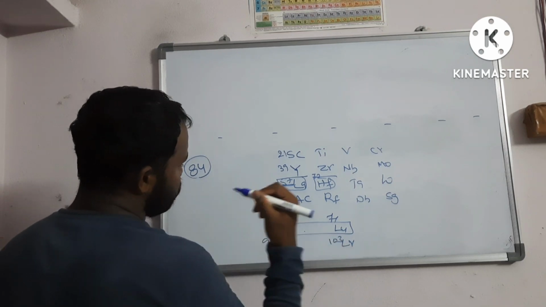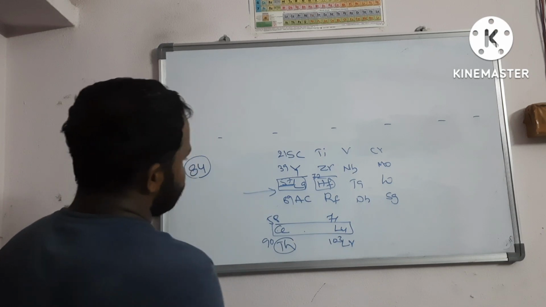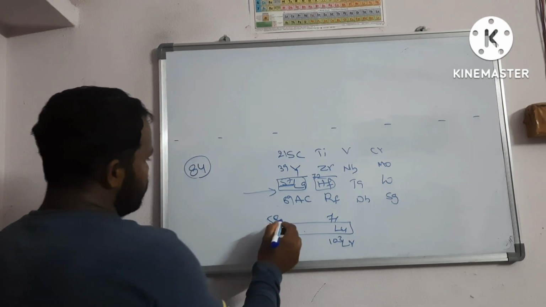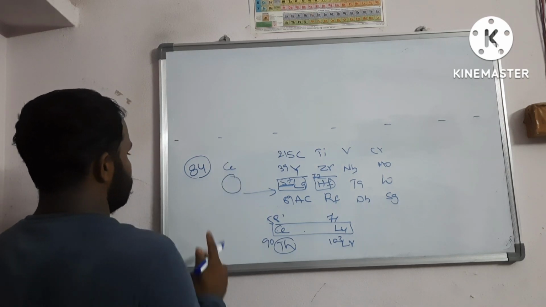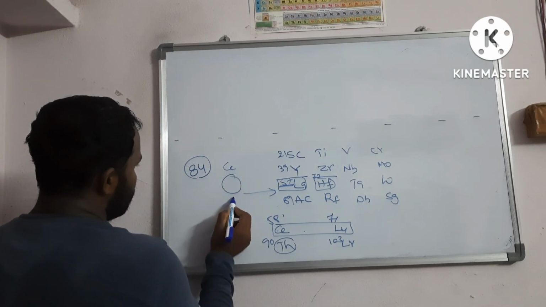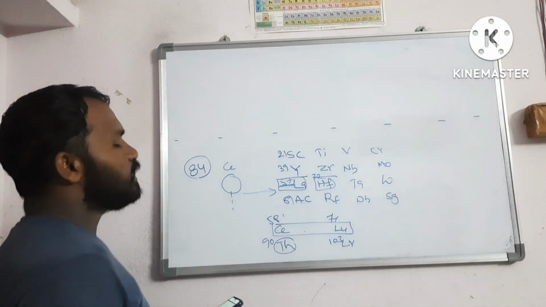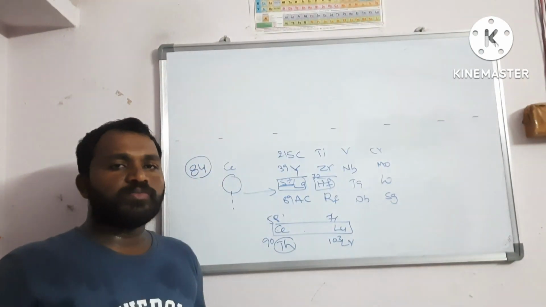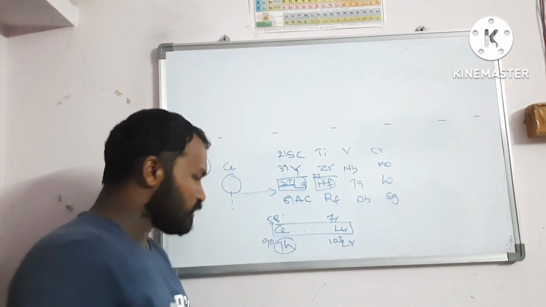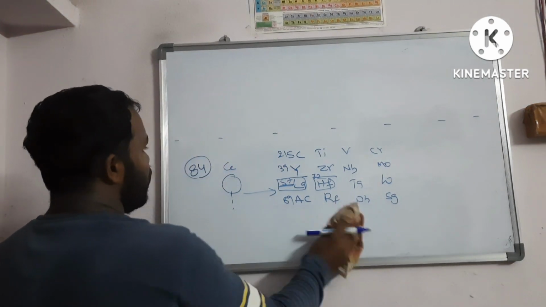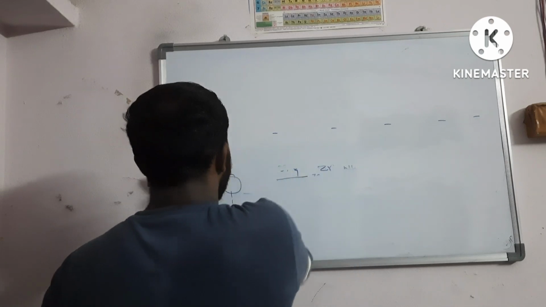Here cerium's size is very high at first. Then down the group, in lanthanide contraction, the size is decreasing. Size decreasing means ionic radii. It is related to ionic radii.